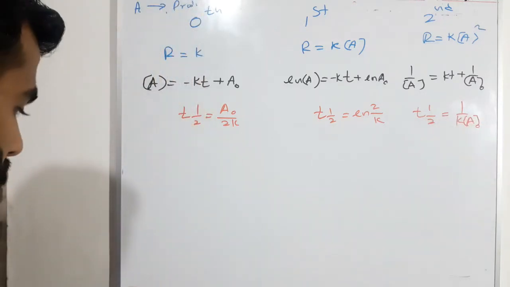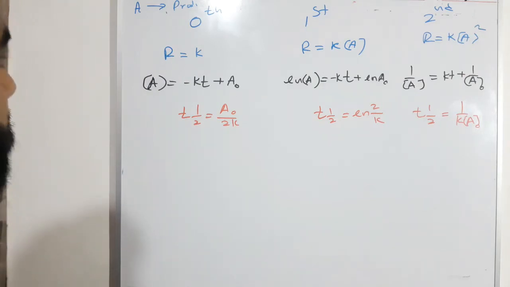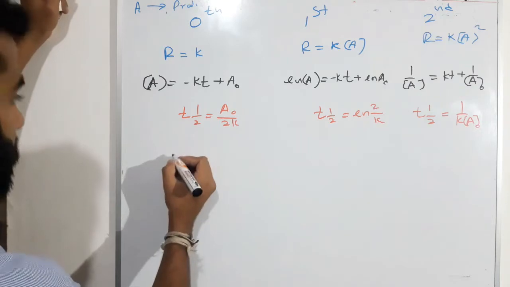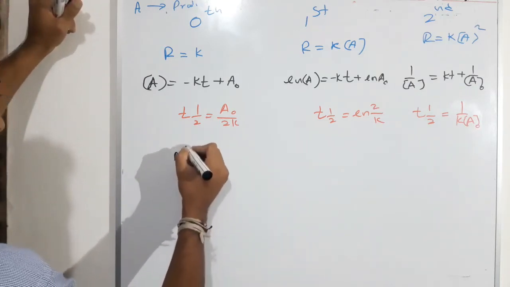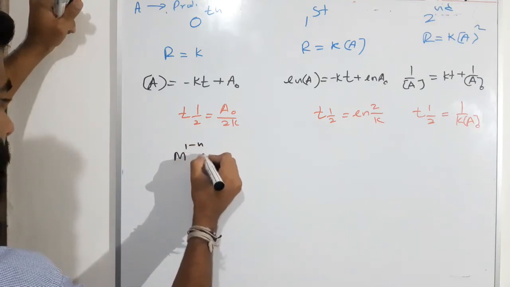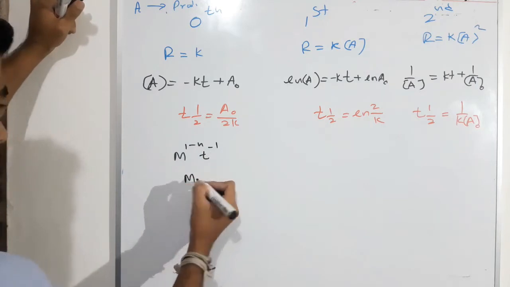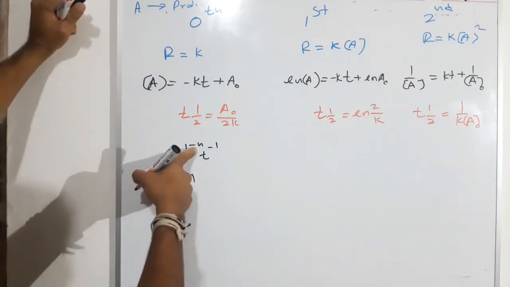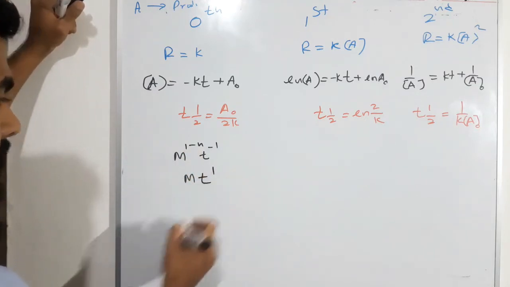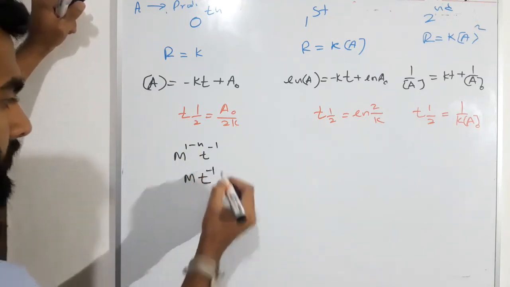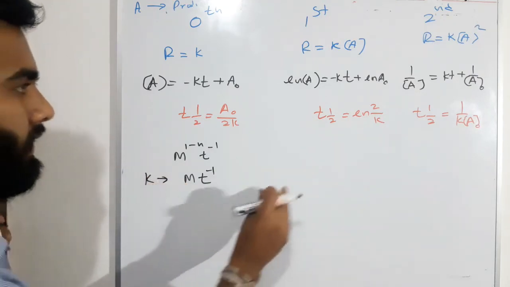Okay, so what about the units of the rate constant? Here I introduced a common expression, m to the power 1 minus n, t to the power minus 1. According to that, in zeroth order n equals 0, so it is m t to the power minus 1. This is the unit of K. What about first order?